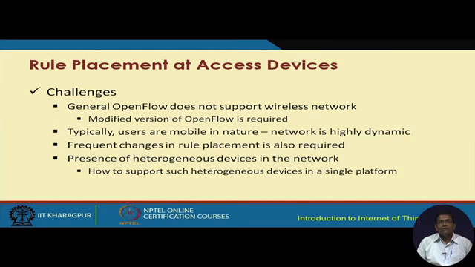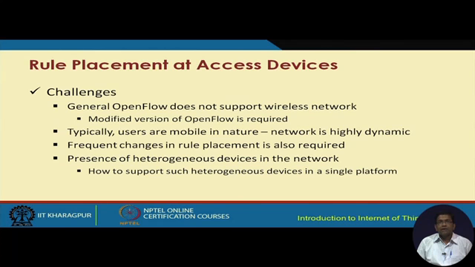Third challenge that has to be addressed with respect to rule placement in these networks is that frequent changes in rule placement is required, and the presence of heterogeneous devices in the network is a reality in these scenarios.